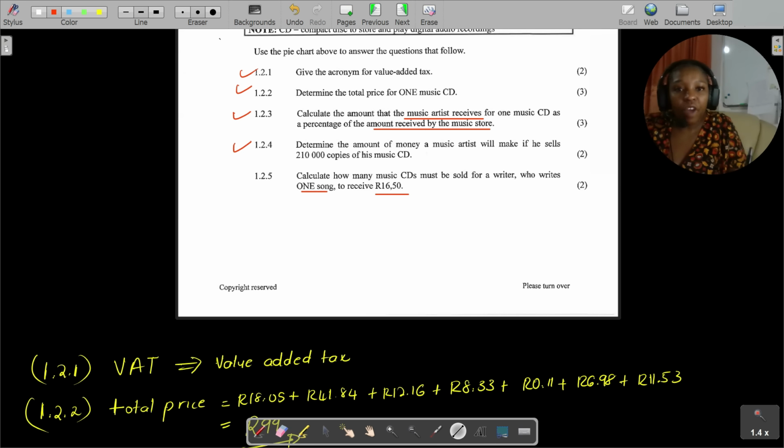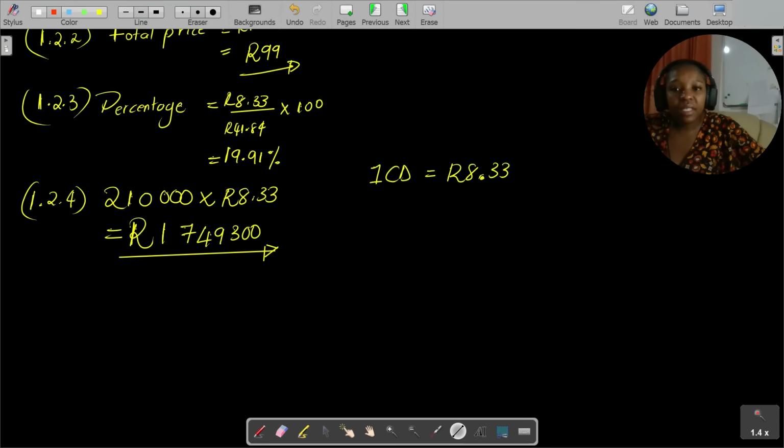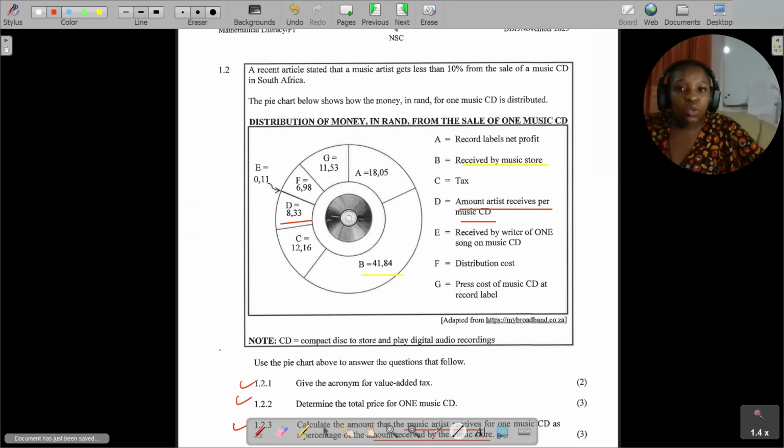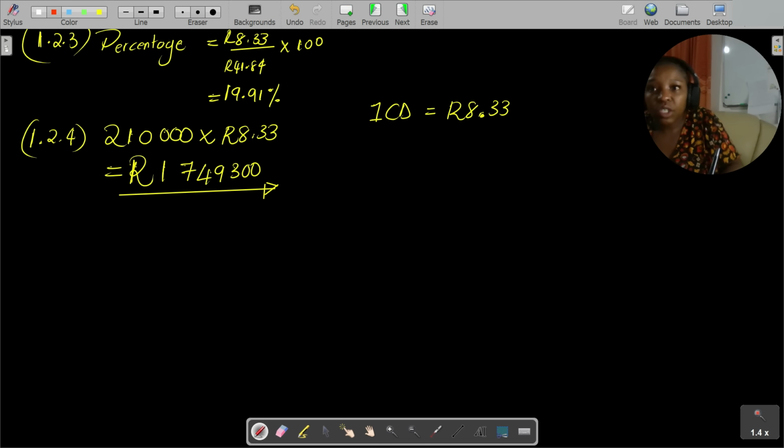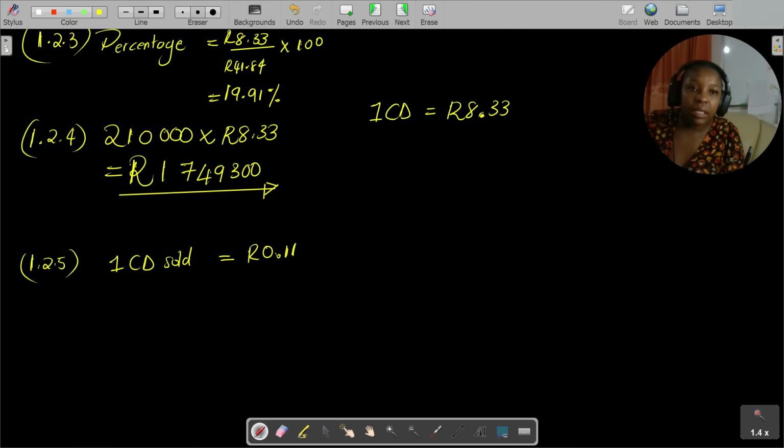Remember, we saw that if one CD is sold, the writer just makes 0.11.